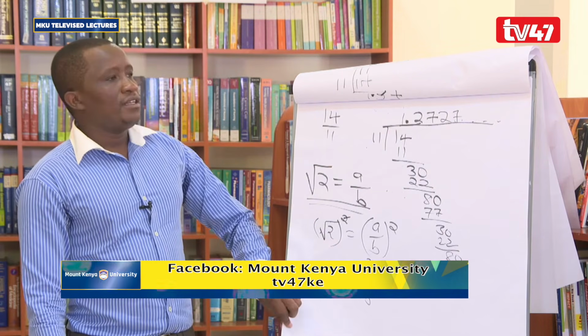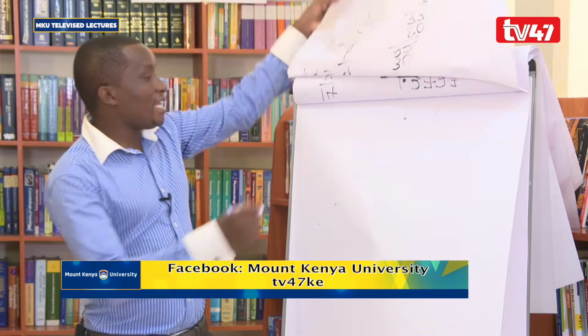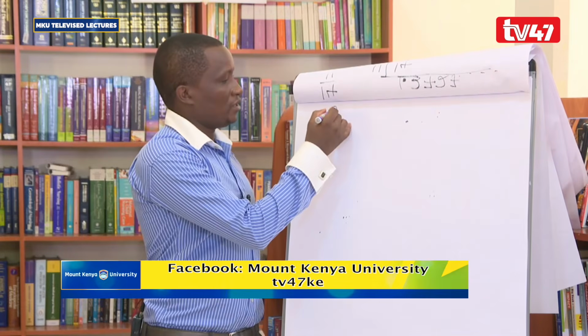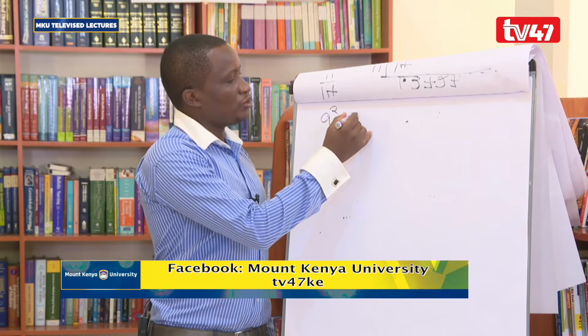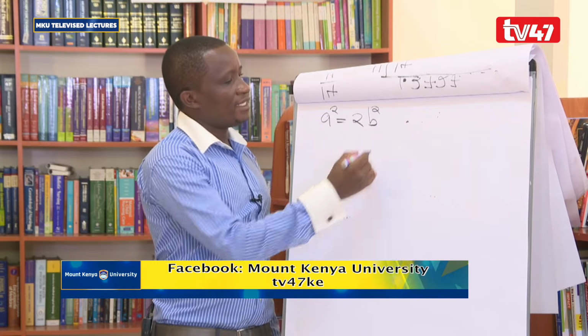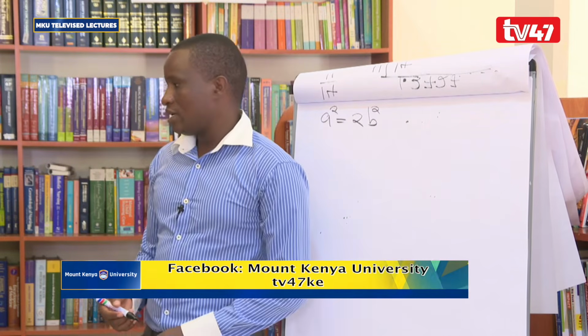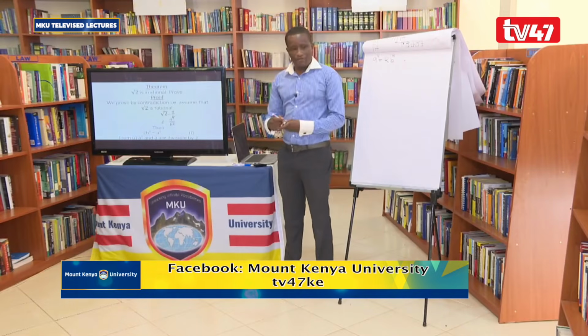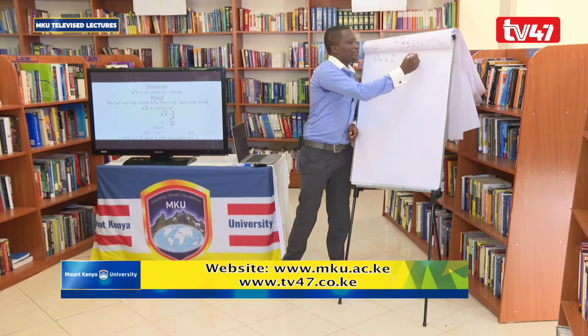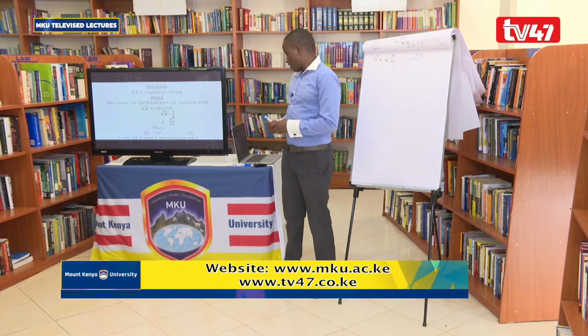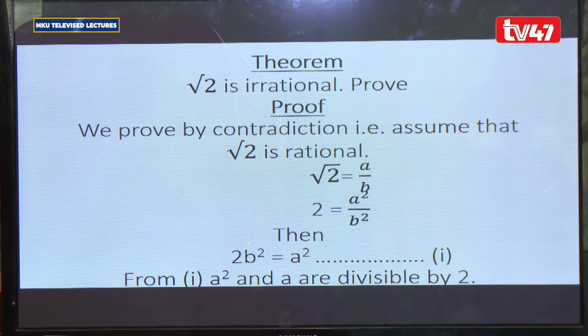Now, that means that a squared is equal to 2b squared by cross multiplication.